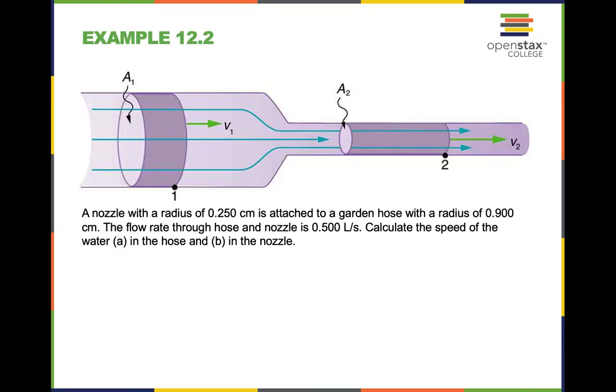Now an example: a nozzle with a radius of 0.25 centimeters is attached to a garden hose with a radius of 0.9 centimeters. If the flow rate through the hose and nozzle is 0.5 liters per second, calculate the speed of the water in A, the hose, and B, the nozzle.